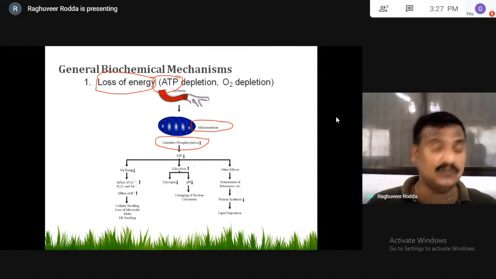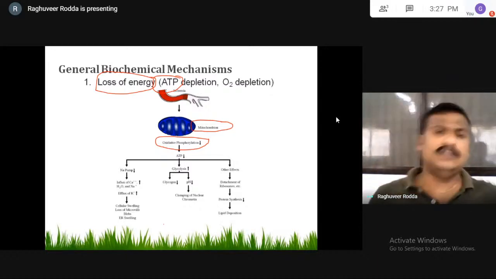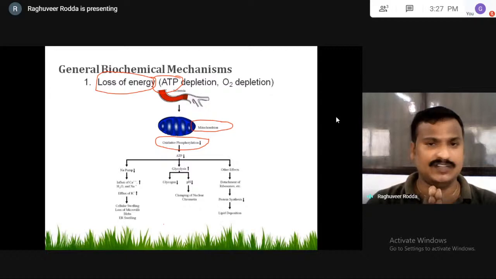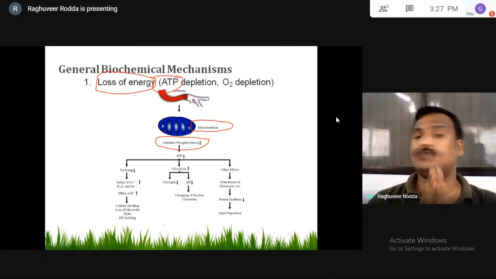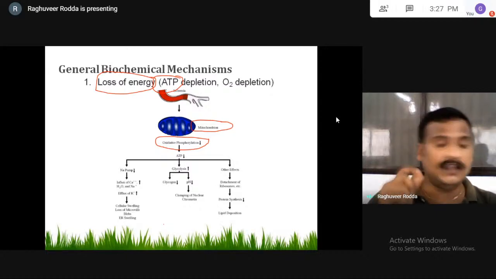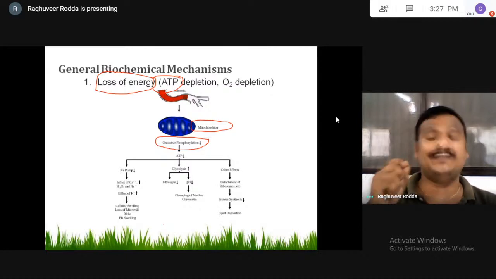So the first and foremost thing that shifts the cell from normal to injurious conditions is the depletion of energy by improper production of ATP molecules.